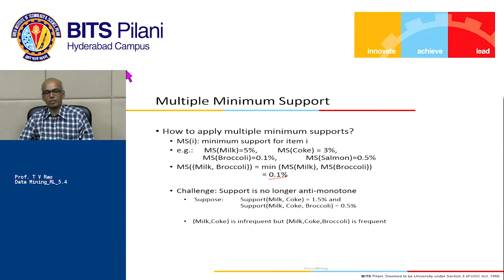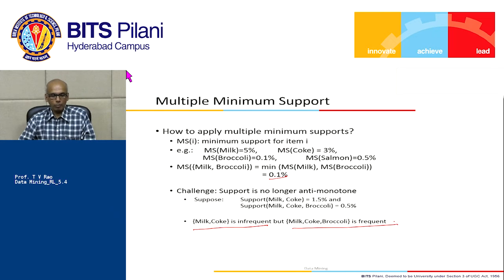Now the support no longer has the anti-monotonic property. What it means is that milk and coke is infrequent, but milk, coke and broccoli is frequent, because even though milk, coke, broccoli is a superset of milk and coke, it is still maintaining the frequency because the minimum support used for these two cases is different.